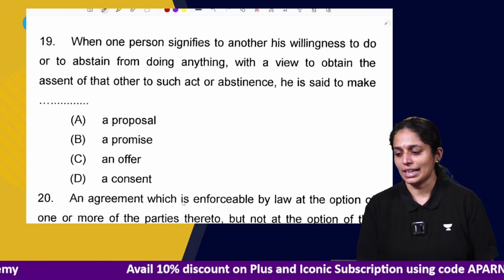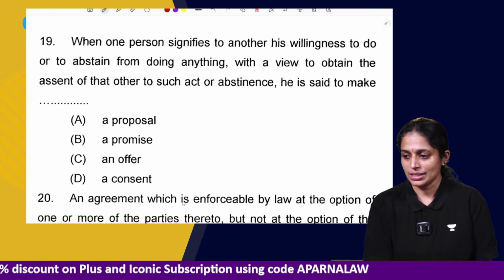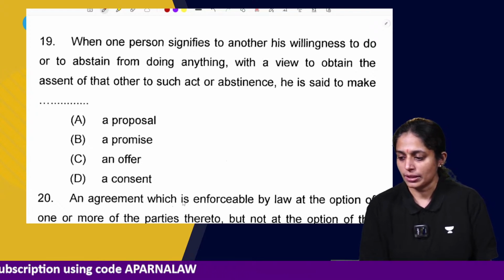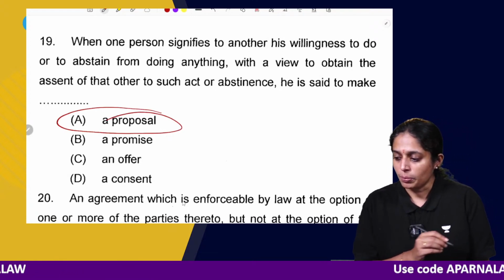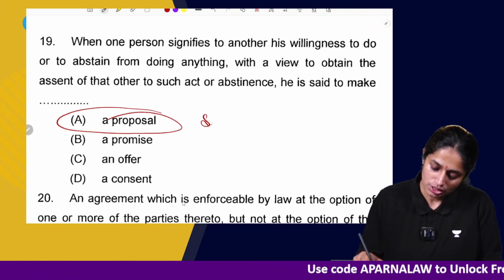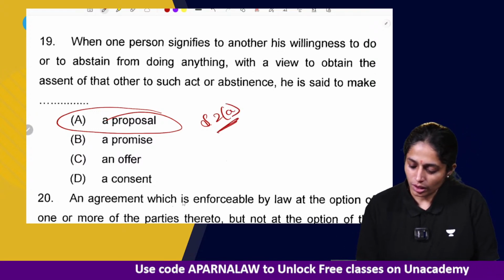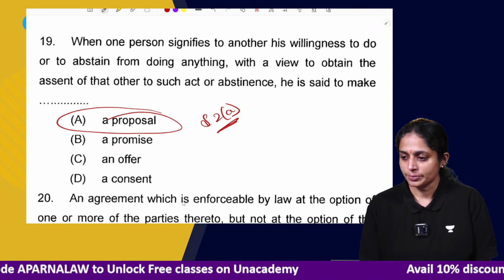So what exactly is it known as per Indian Contract Act? It is a proposal, right? In the Indian Contract Act it is known as proposal, as per section 2(a), the first definition.